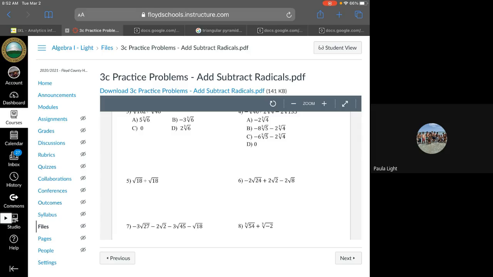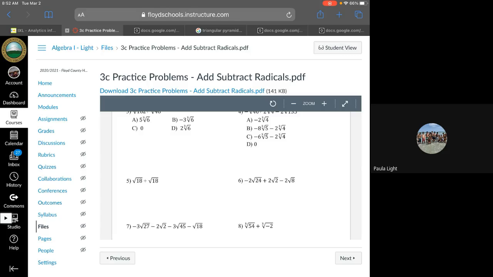They ended up with -9 square root of 3 minus 5 square roots of 2 minus 9 square roots of 5. And that was the end result. They couldn't put any of those together.